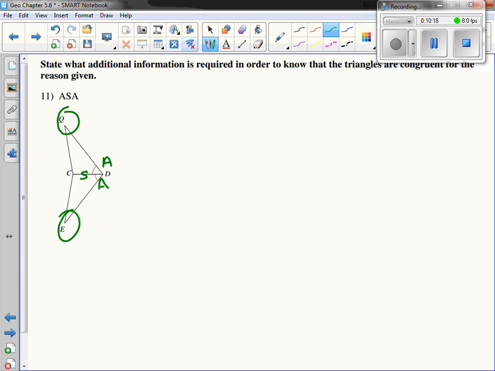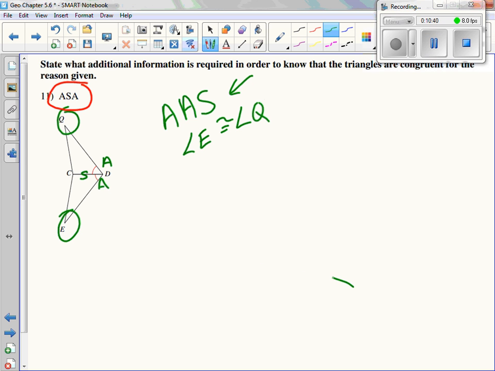Because then it would be angle, angle. Yes. Saying that angle E is congruent to angle Q would be showing the angle side congruency theorem. That would be using angle side. So we can't say that, because this time we're wanting angle side angle. And that's it.